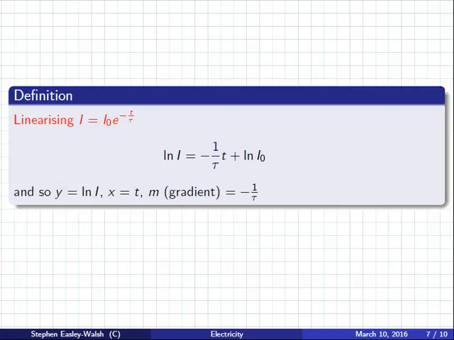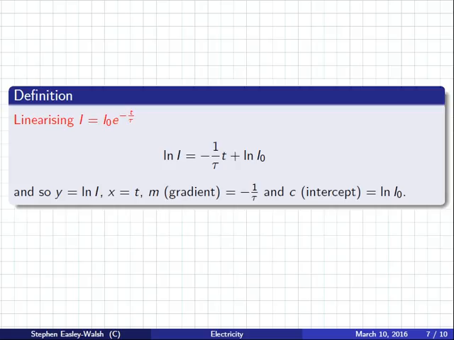The m is minus 1 over tau. And what's the c? Log I naught. So if you can just make note of this if you don't have it.